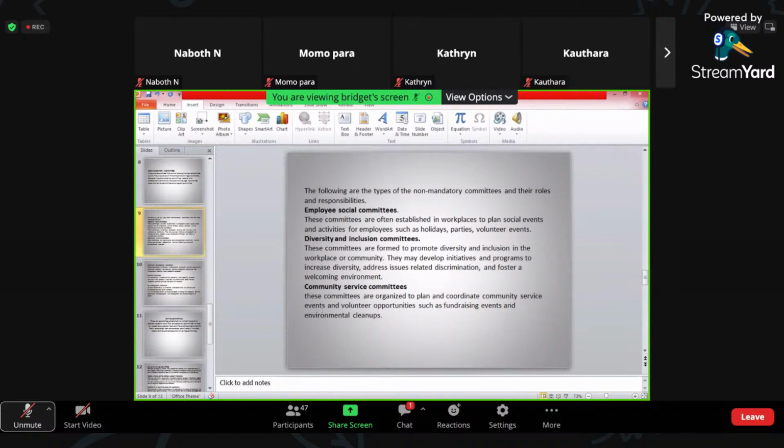These committees are groups within an organization that are responsible for planning and organizing volunteer activities and community outreach initiatives. The goal of these committees is to give back to the community and make a positive impact. For example, activities concerning the environment like recycling programs, energy conservation campaigns, and environmental education initiatives.